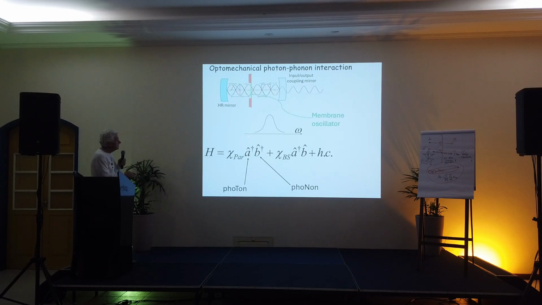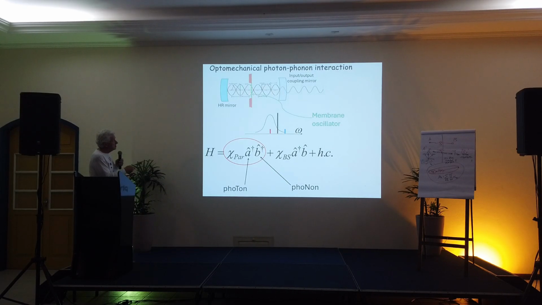And so, if this is the transmission spectrum, the resonance of this optical cavity, and, for example, you're driving with a laser at blue detuning, as we say, from the resonance of this cavity, that is to say, you detune your laser so that the frequency of the laser is higher than the resonant frequency of this cavity, it still couples in.